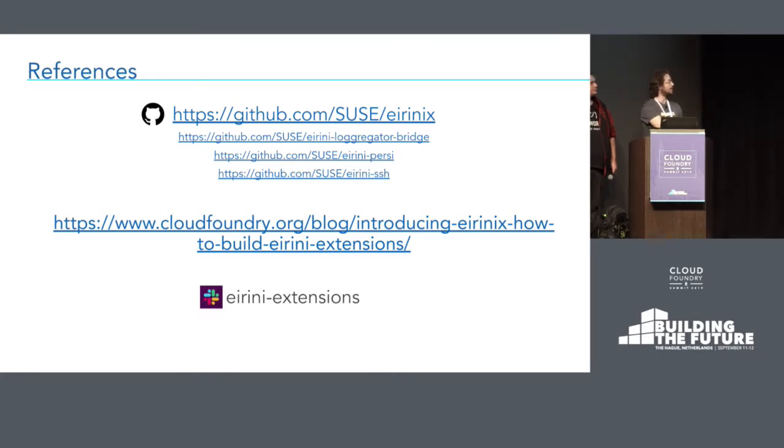There is a summary on how to build an extension, start it, and try it locally, and it also gives some insights on how you can mutate pods. It takes you from writing the main.go to writing the extension, all the way to the Helm chart that you could use to deploy such an extension on Kubernetes. And then we just created a Slack channel for Eirini extensions today, so you can meet us there.